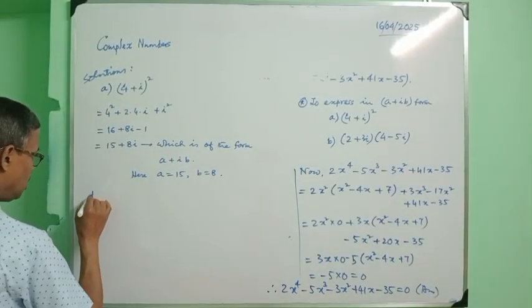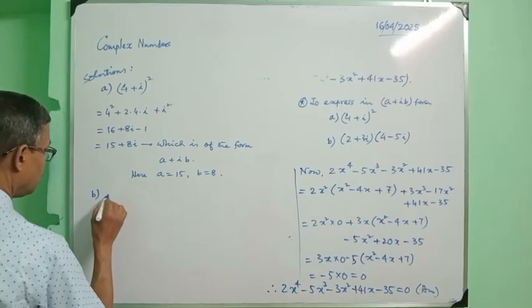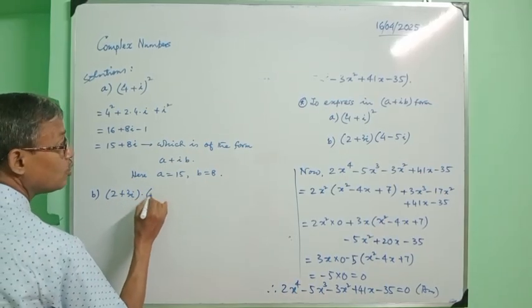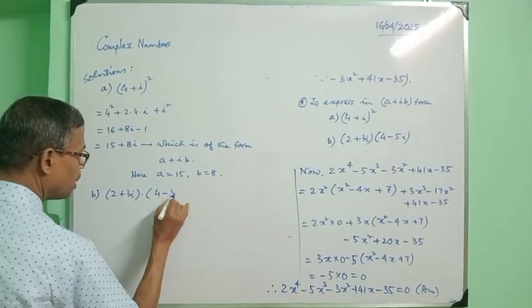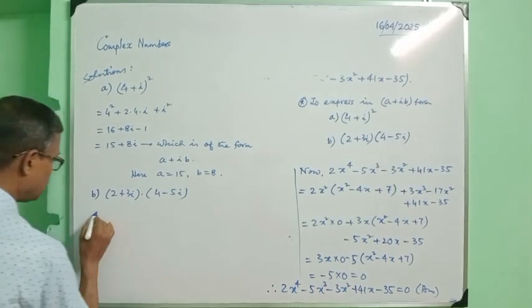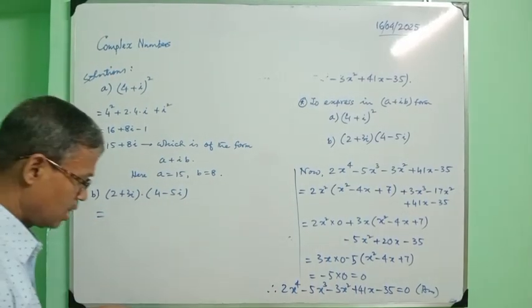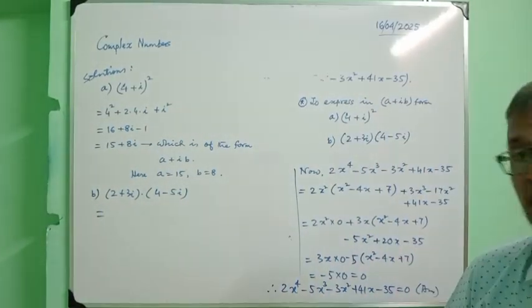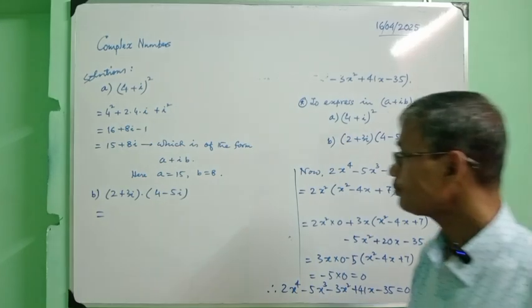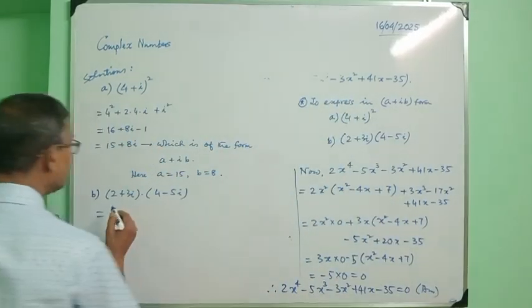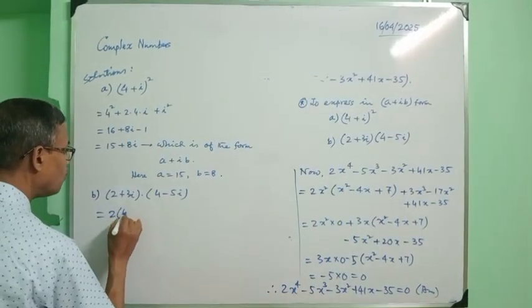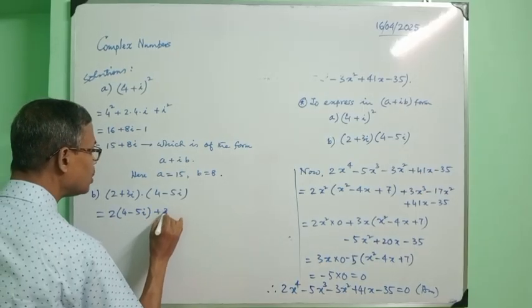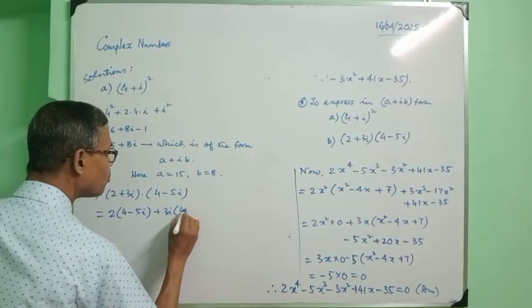Then number B, 2 plus 3i into 4 minus 5i. Just we multiply as we did in case of real number systems. 2 into 4 minus 5i plus 3i into 4 minus 5i.